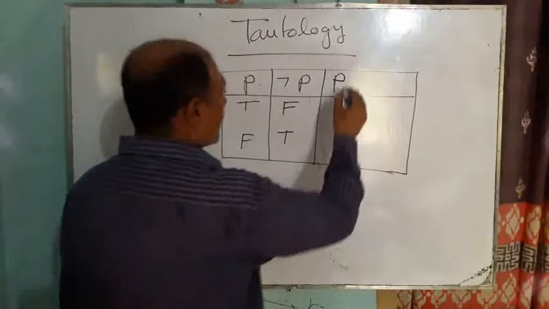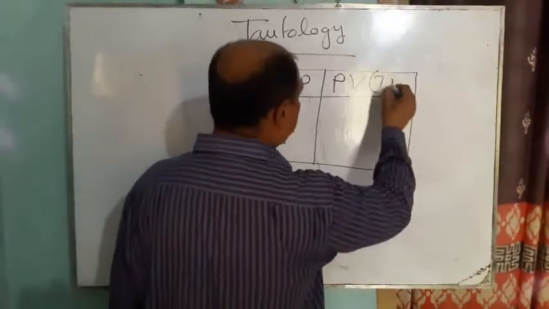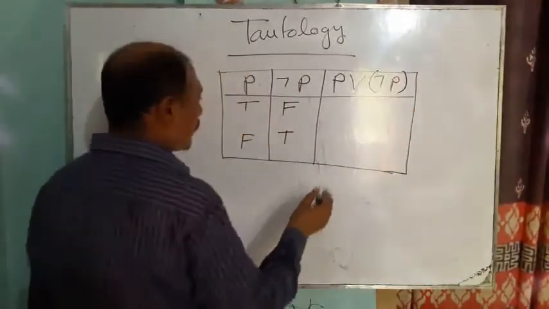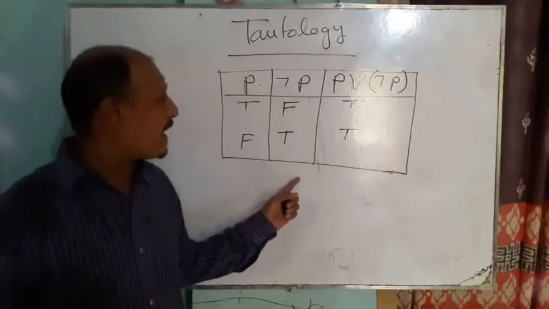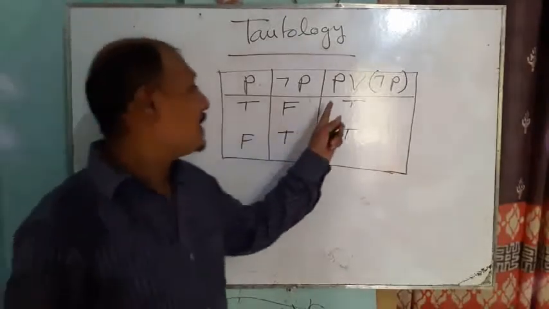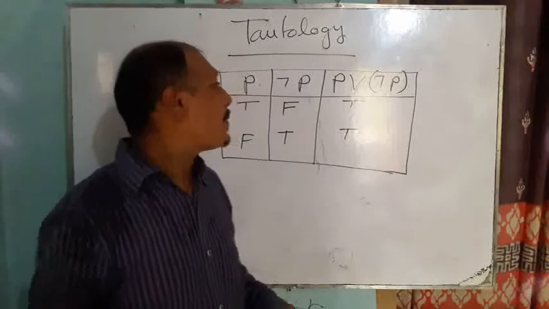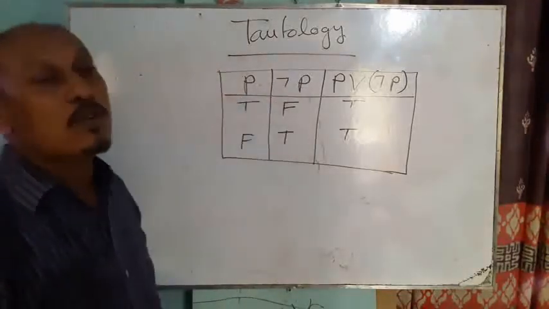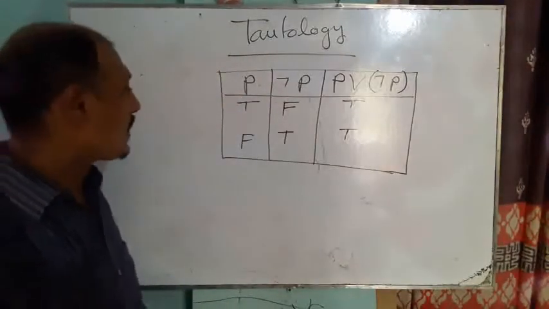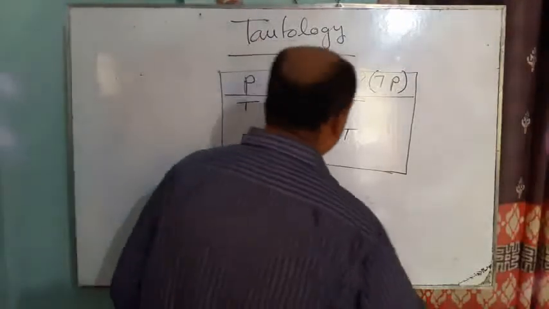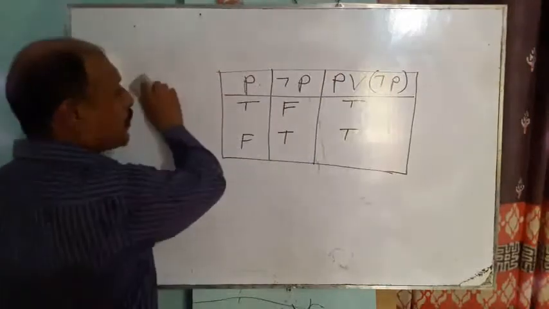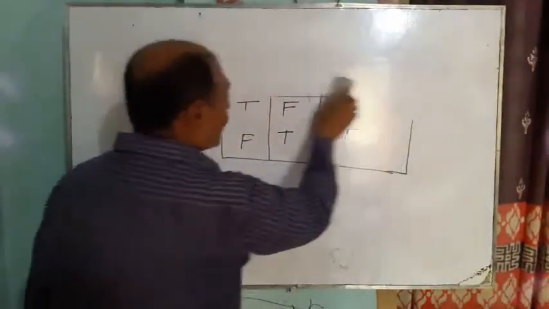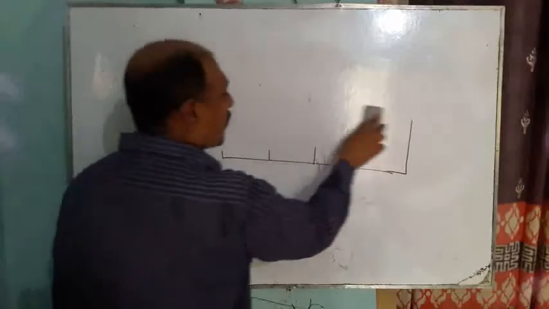P disjunction negative P: true, true. Now we can see that P disjunction negative P is the example of a tautology. That is, when a compound proposition is always true, it is called a tautology.